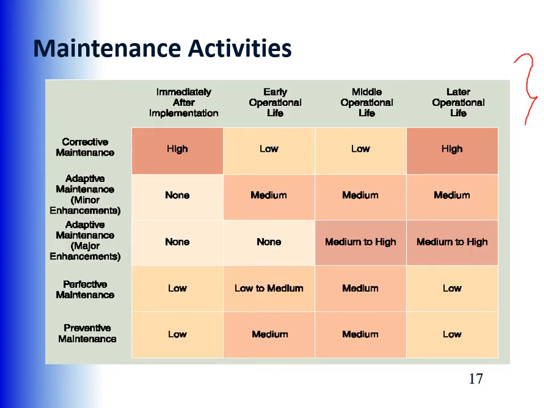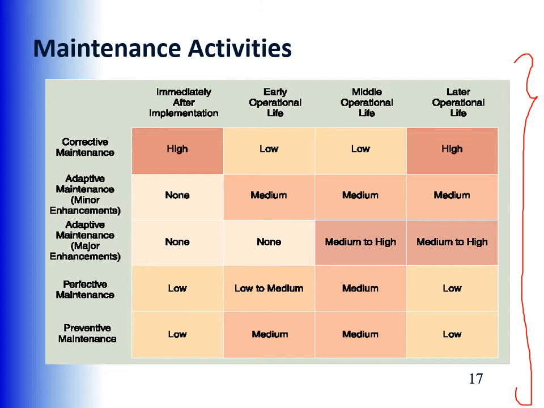This figure shows typical patterns for each of the four classifications of maintenance activities over a system's lifespan. Maintenance expenses usually are high when a system is implemented because problems must be detected, investigated, and resolved by corrective maintenance.